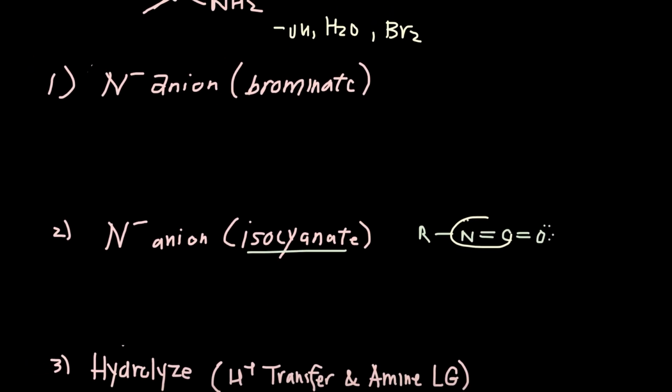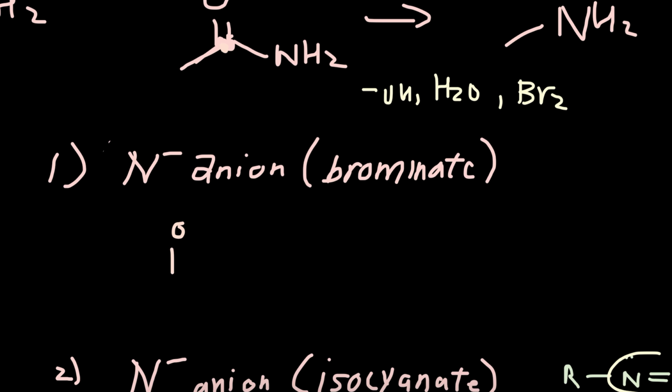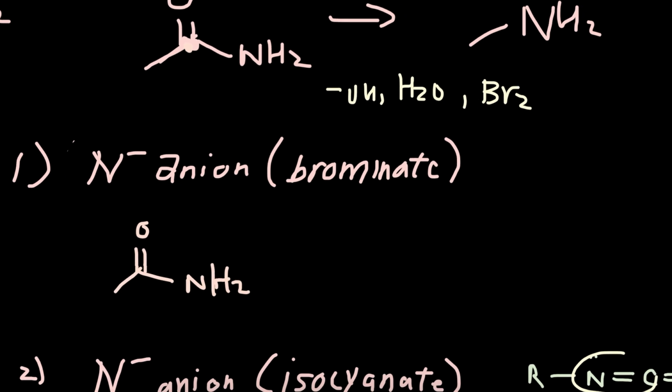But all of these steps begin with adding a negative charge on the nitrogen. So the first step here is we want to put a negative charge on nitrogen, and this reaction happens in bromine. We have to deprotonate this before we can add a bromine. The first step is the N-bromination of the amide.